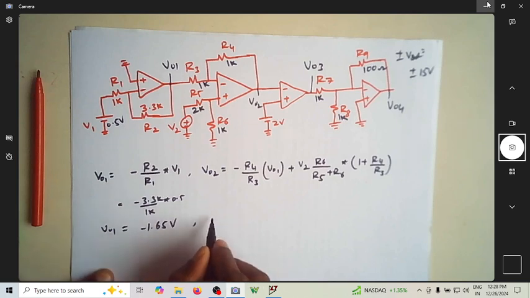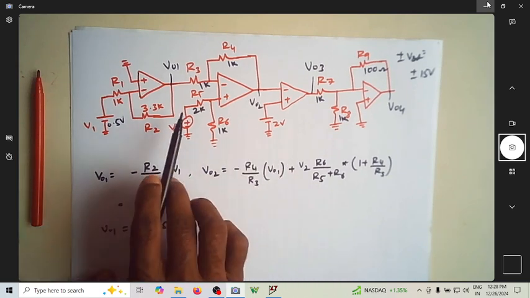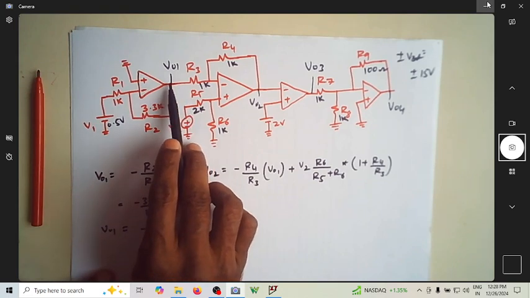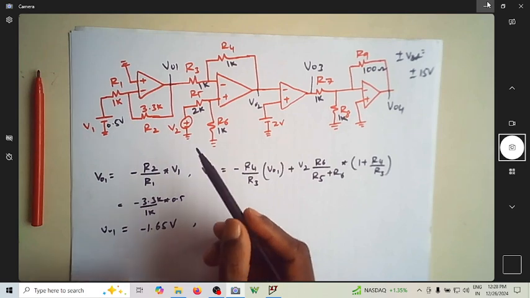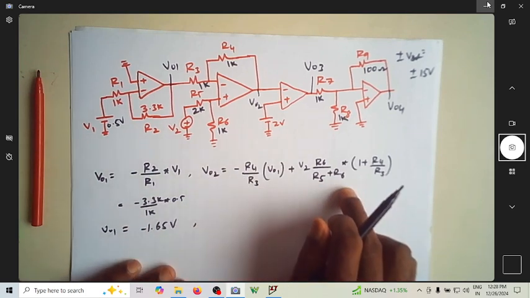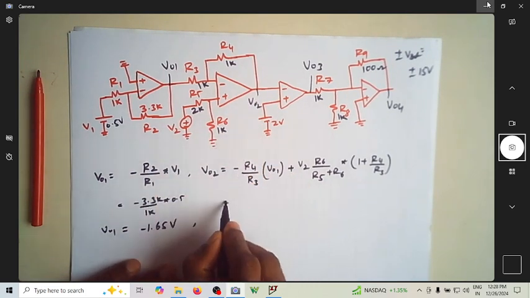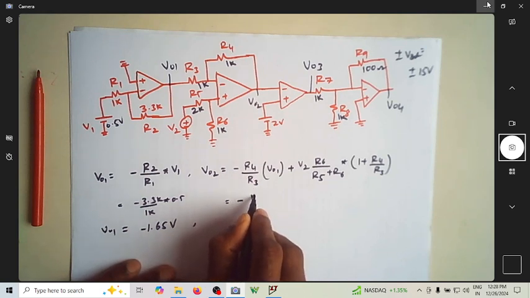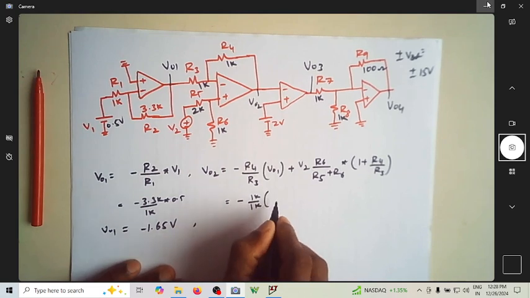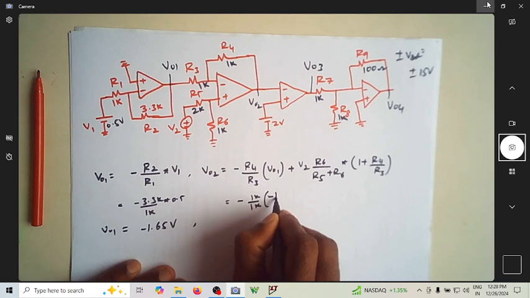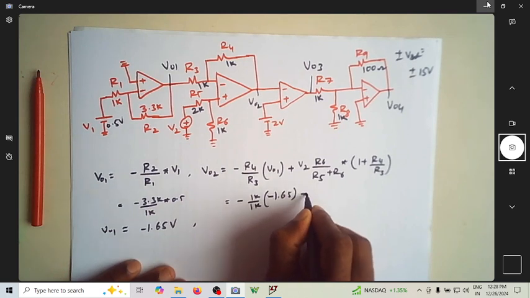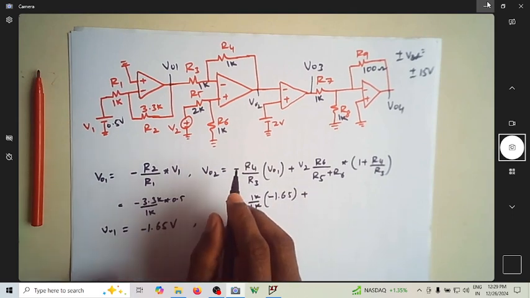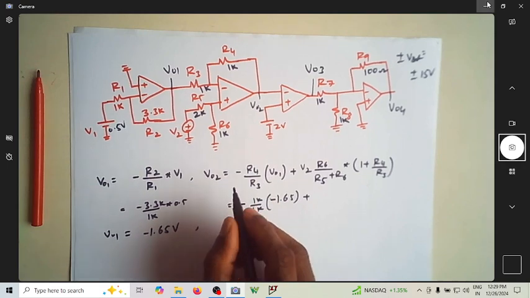And V02 has two inputs, V01 and V2. I have written the output expression for V02. Since R4 and R3 are 1K, it's minus 1K by 1K times V01, which is minus 1.65, plus V2. Let me take V2 as 1 volt.